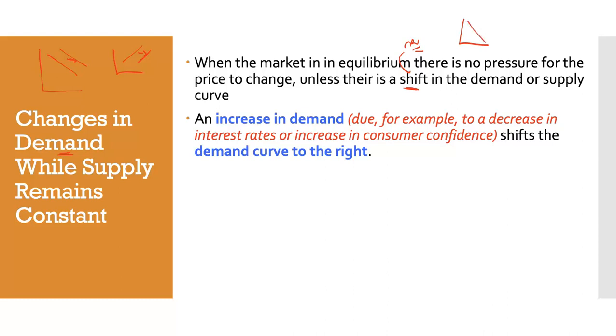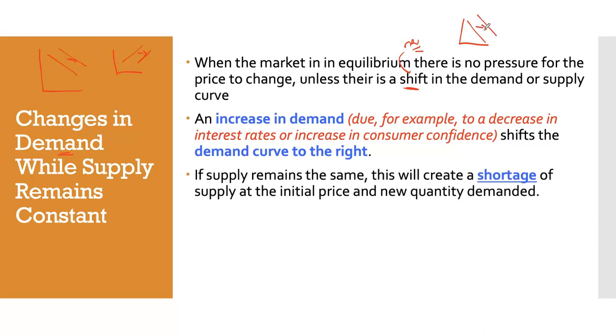if the demand curve goes like this, what happens if it shifts to the right? If the supply remains the same, this will create a shortage of supply at the initial price and new quantity demanded, because at each price there is now more demand.